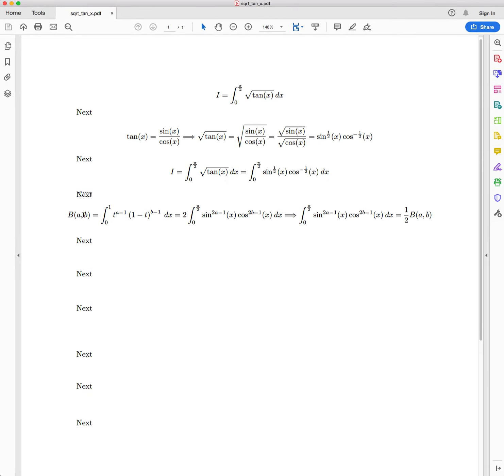For any two complex numbers a and b, whereby the real part of a and b is greater than 0, beta of a comma b is the integral from 0 to 1 of t to the power of a minus 1, 1 minus t to the power of b minus 1, and again that should be dt. Now this, if we make a simple substitution, can be represented in this form using sine of x and cos of x.